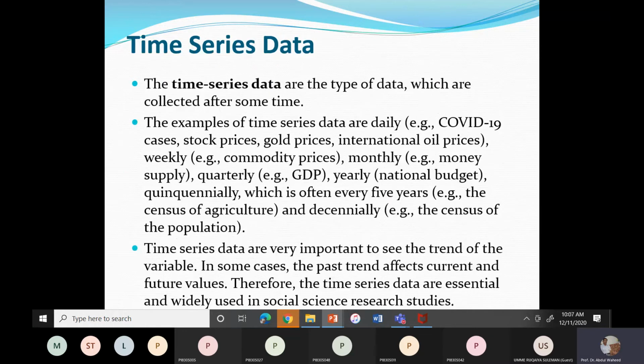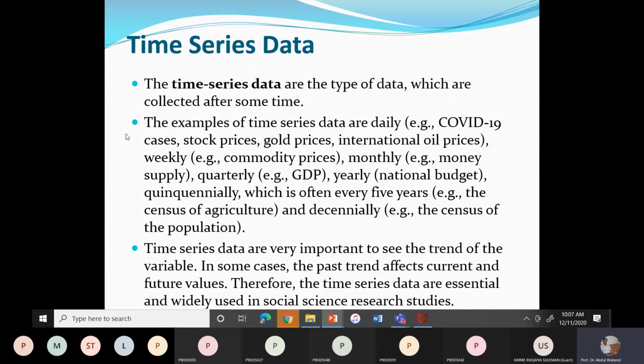Then in secondary data, we have time series data. Okay, this is the data type which is collected after some time, and this data could be daily, weekly, monthly, quarterly, yearly. For example, we have daily data of COVID-19 cases.